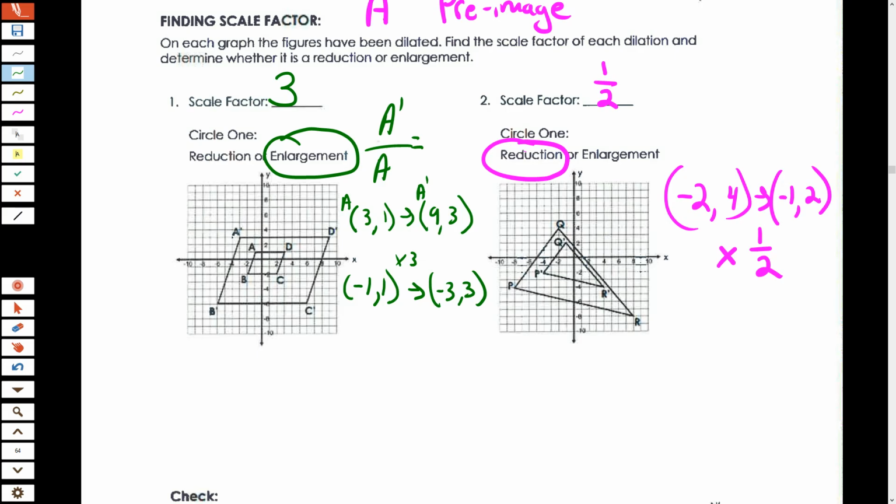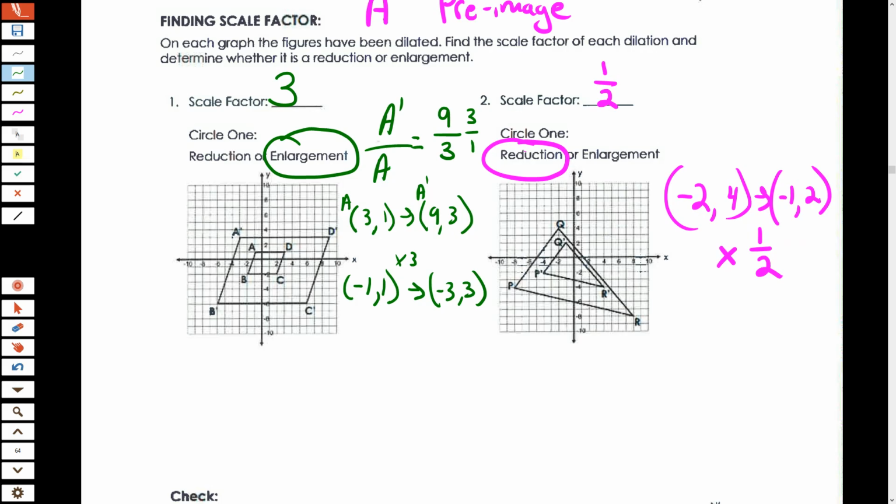All you have to do, if you like this method better, is take one of your points, either your x's or your y's, it doesn't matter, and put them in your ratio fraction. So A prime is, I'm going to use my x value, 9, and my A value is 3. Well, 9 divided by 3 is in fact 3. Okay, well let's see if it works with y as well. 3 over 1. Yep, 3 over 1 is in fact 3.